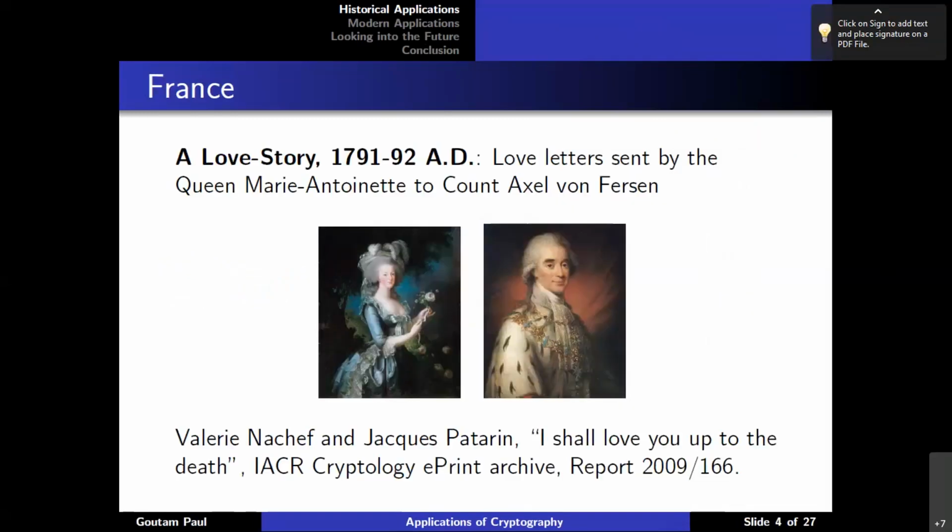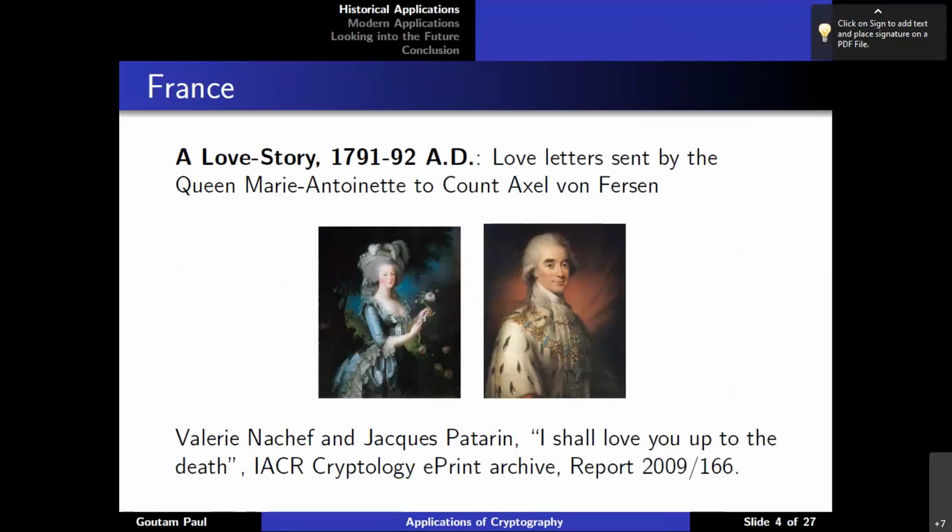Okay. Next, this is a very interesting application. In 1791 and 92 AD, during that time, Queen Marie Antoinette had sent a few love letters to Count Axel von Fersen. Okay, and those were written using cryptography.